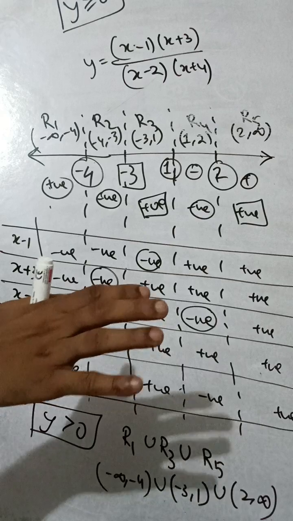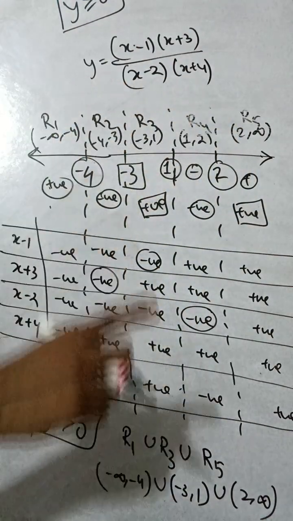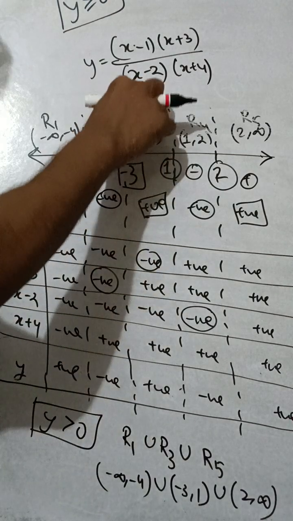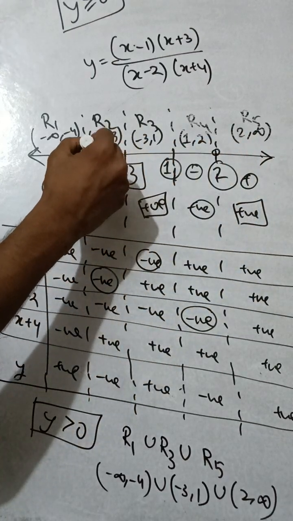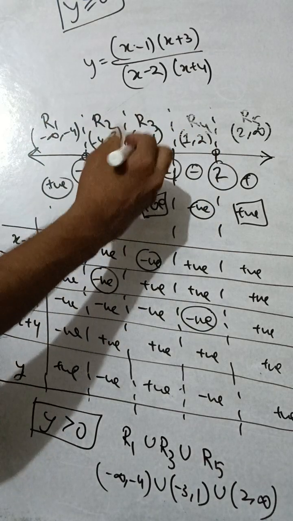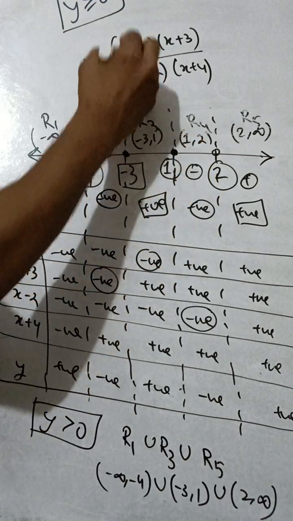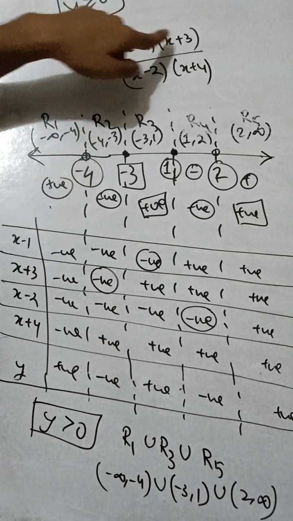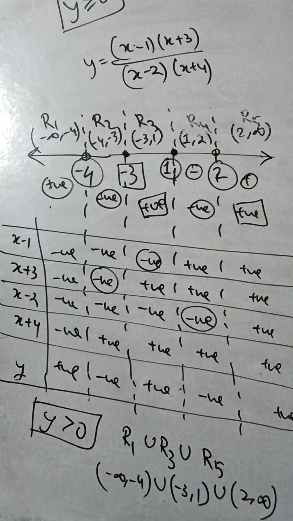First of all, one very important thing: critical points which come from the factors in the denominator will not be taken. So we put holes there, and wherever the critical points come from the numerator, we put bold points, so we include them.